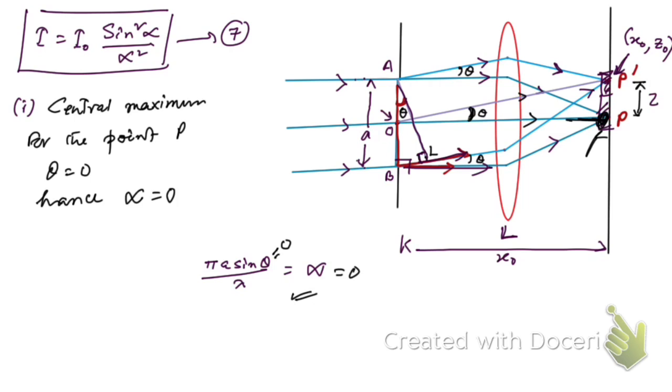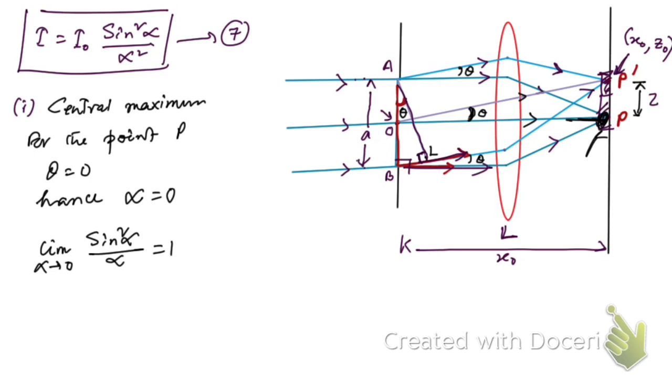So now you see, for alpha is equal to 0, the sine square alpha by alpha, as we know that limit alpha tends to 0, sine alpha by alpha is equal to 1. Hope you know this. This is a standard limit.